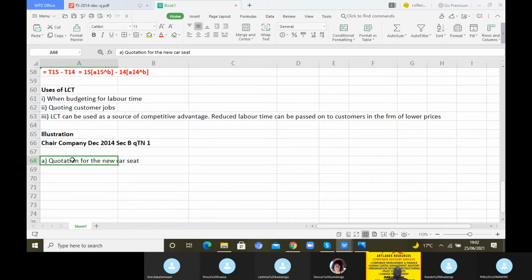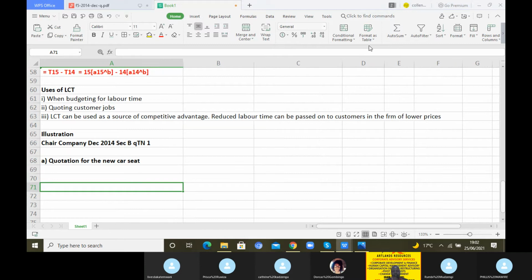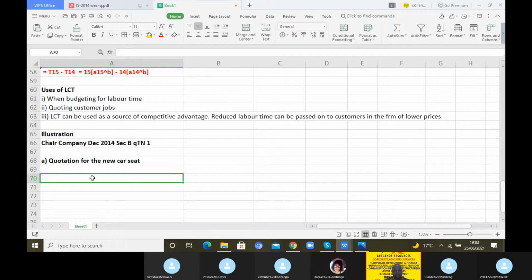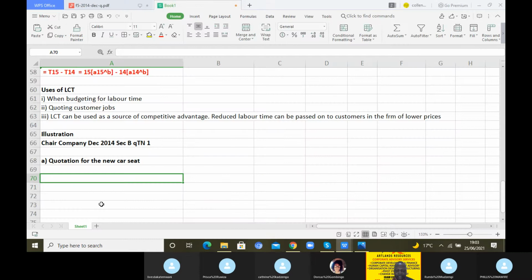We want to quote for this particular new car seat and see how it goes. It's a matter of reading the question. It is saying cost of materials and other variable overheads, so you write it as it is.